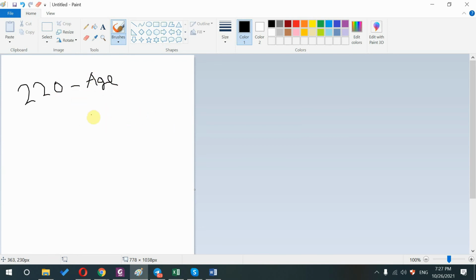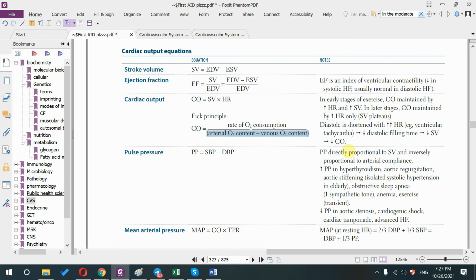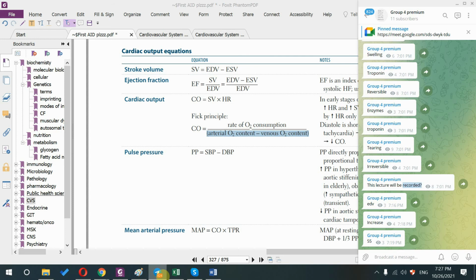So let's say a person is age 40. 220 minus 40, so his heart rate will be 180. That's the maximal heart rate he can reach, that his heart can reach. Should you reach that? Well, people in the CrossFit love to do it. I don't like it too much, but yeah. It helps you burn a lot of fat much faster because your aerobic glycolysis will be functioning extra.